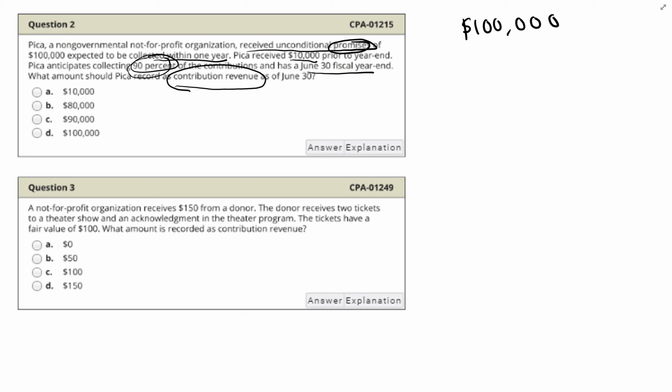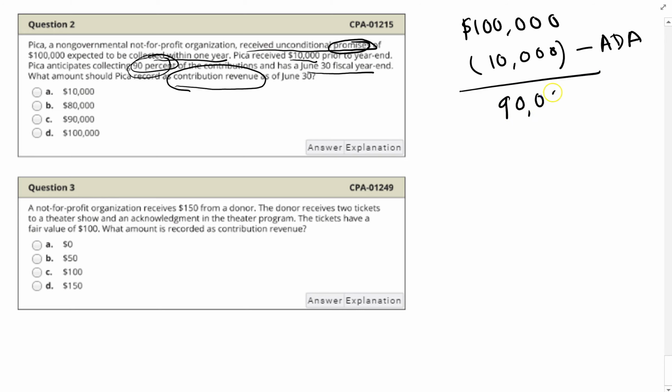That means they will not be able to collect another 10%, and this 10% we call allowance for uncollectible pledges, or uncollectible accounts or allowance for doubtful accounts. It's just like the ADA, the portion that you are in doubt whether you will be able to collect. So basically they have to show their contribution revenue as $90,000.